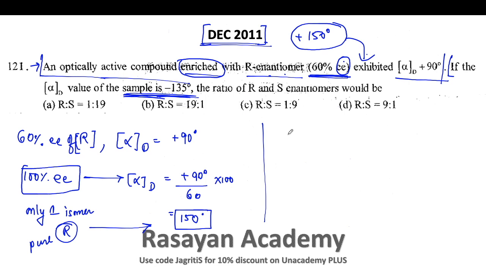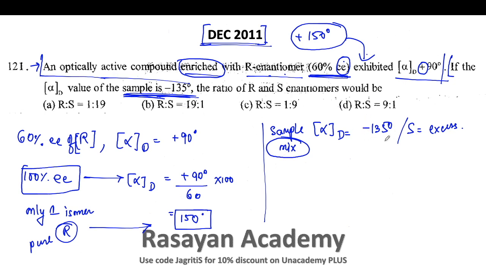It's not possible, because when it is mentioned that the sample specific rotation is minus 135 degrees, which isomer is in excess? The S enantiomer is present in excess, because the R has got positive, which means the S has got minus. So this is your sample, which is basically your alpha mix. It is the specific rotation of the mixture.